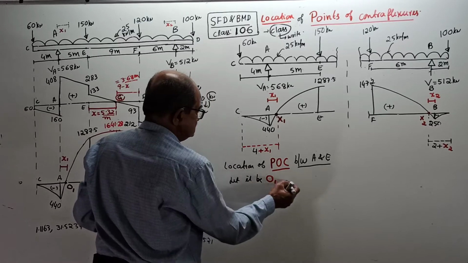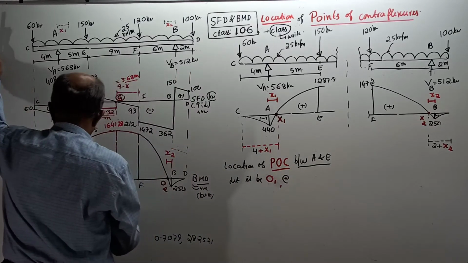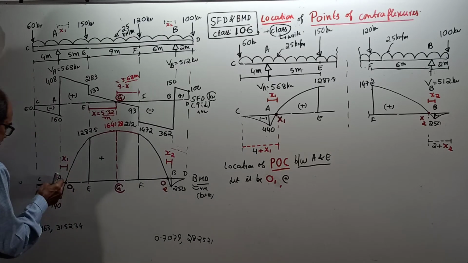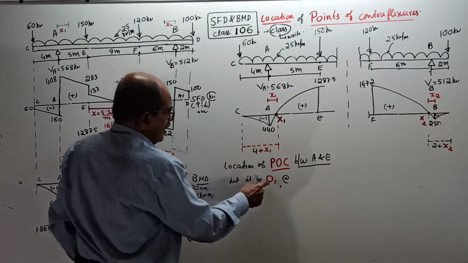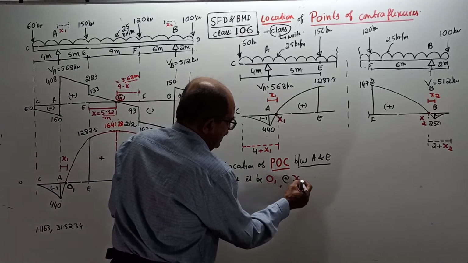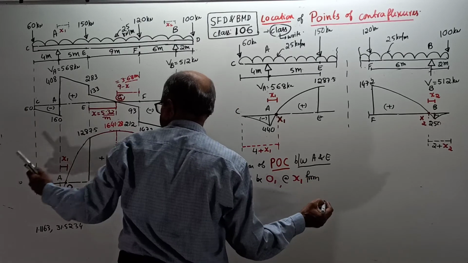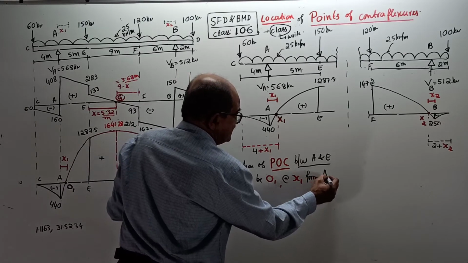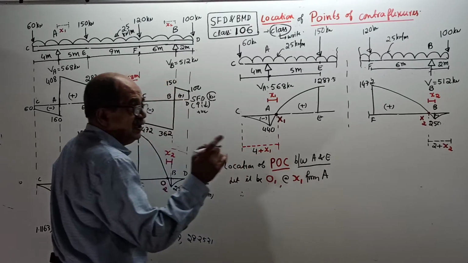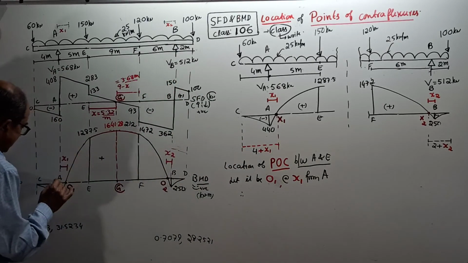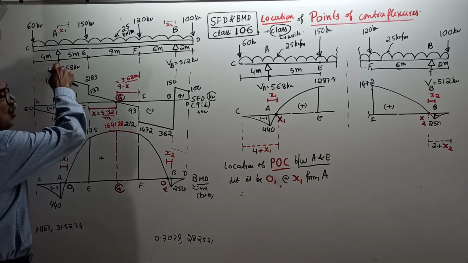O1, at a distance. From the nearest point, I will take distance x1 corresponding to O1. I am seeing from that side, from A. A is a standard point, so x1 from A. Remember, the point comes after A but before E, so it has to be more than 0.